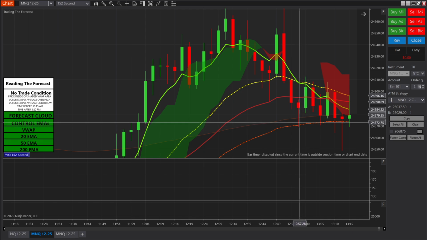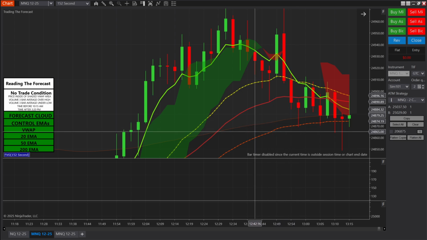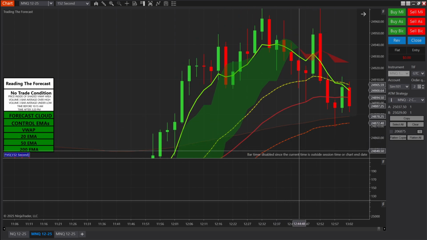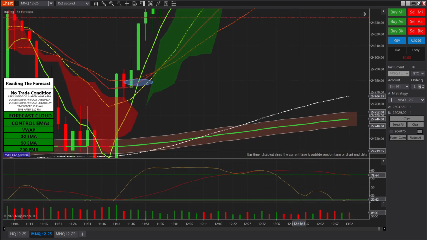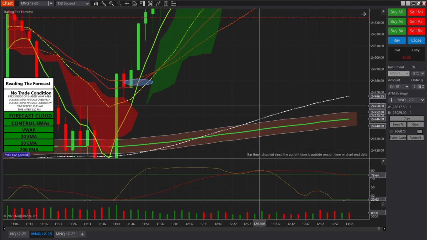If you would have been sitting on the 50 EMA, you would have exited somewhere around 24,872, which would have been a 40-point trade in this scenario. So that's how we use the EMAs to enter and exit, and to track our points of resistance, which I'll go over more in another video.